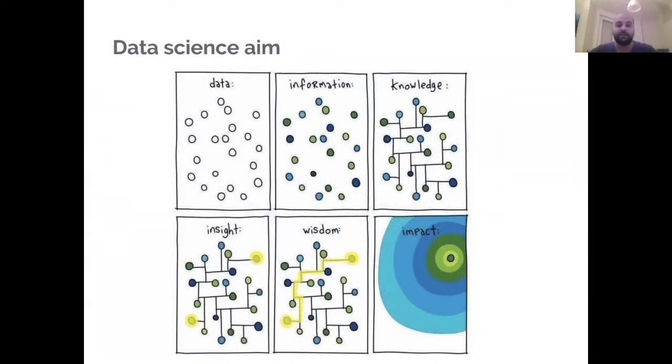So the aim of data science is, as I said, going from the data to the knowledge and finally trying to make an impact from this insight and wisdom. By tackling the problem of extracting relevant knowledge from the data, we are able to make an impact. This is really important, and more specifically in the health sector.